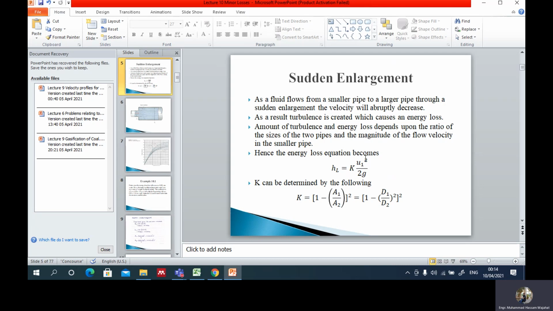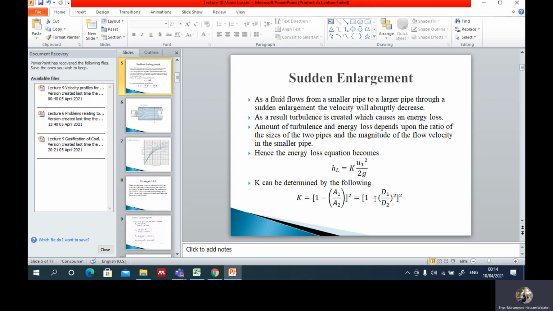Now, suppose you do not get a graph, then you can also calculate K analytically by this equation: 1 minus ratio of area 1 to area 2, which can also be written as 1 minus d1 upon d2 whole square, whole square.